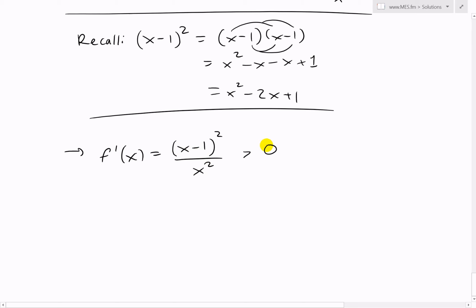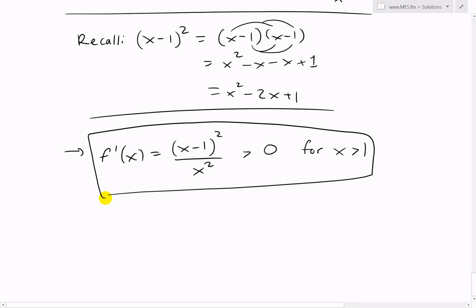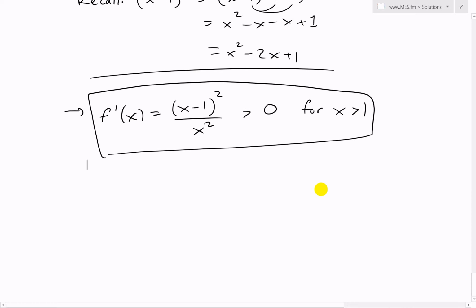So this derivative is greater than 0 for x greater than 1. If you put a 1 inside, then you'll have a 0, but for x greater than 1 it is greater than 0 and not in any way equal to 0. So that is what we've proven. And because the derivative is greater than 0, this means that f of x is increasing.